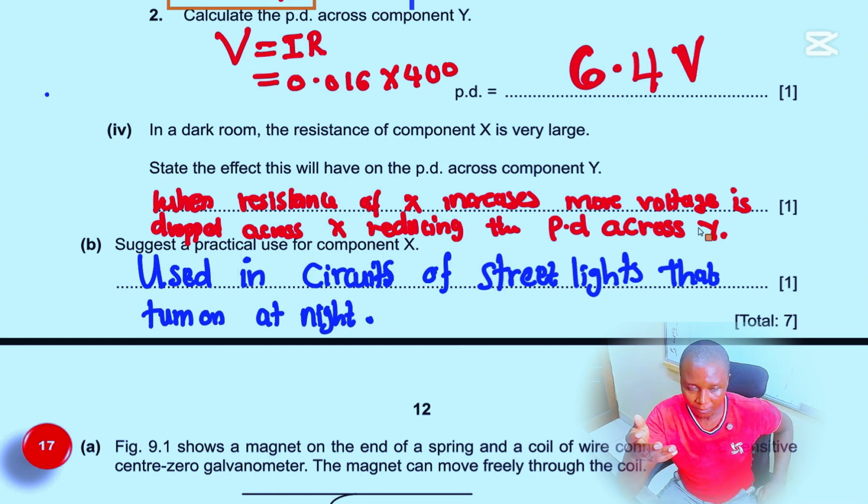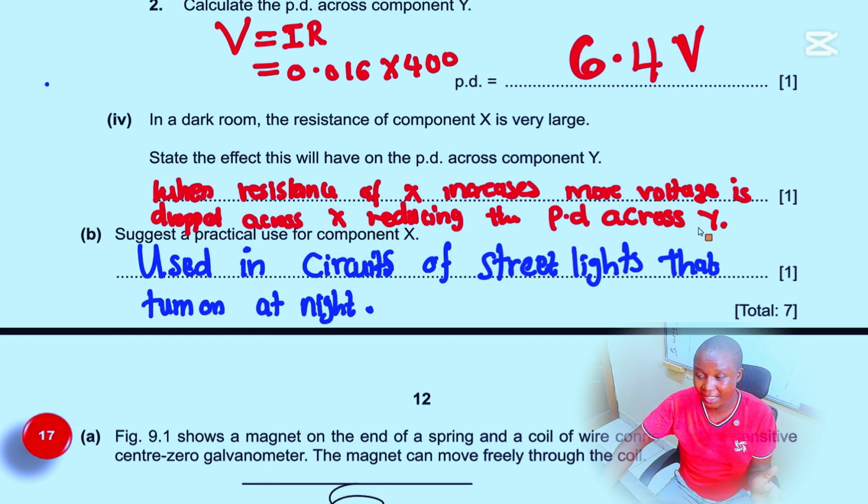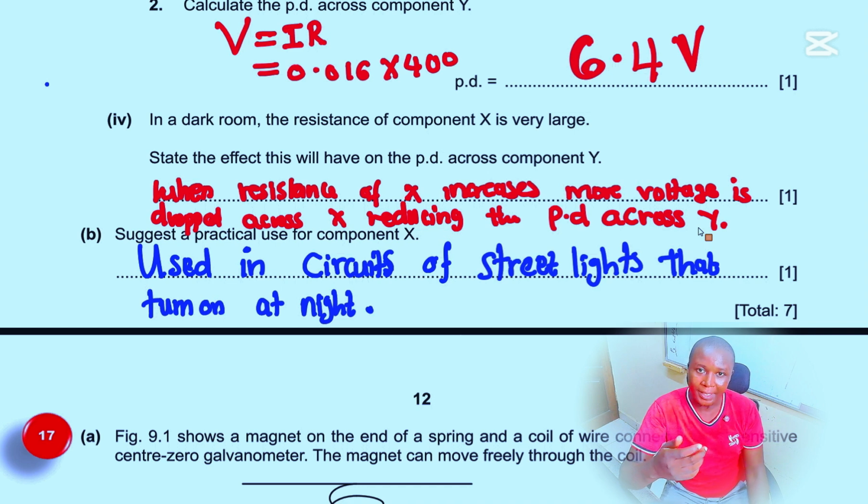Also, a thermistor is another type of variable resistor whose resistance depends on what? Temperature. When temperature increases, resistance decreases for a thermistor. So you need to be very careful with that, so that anytime you are given a question, you'll remember that you learned it from Prof. Lang, and you will be able to score your marks.